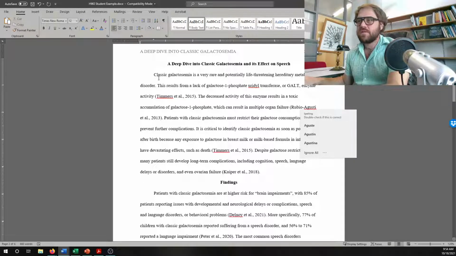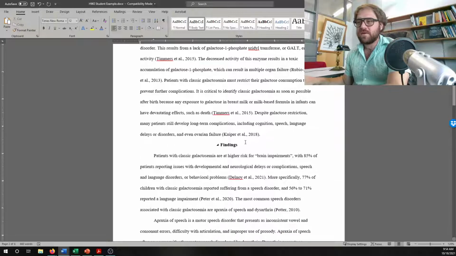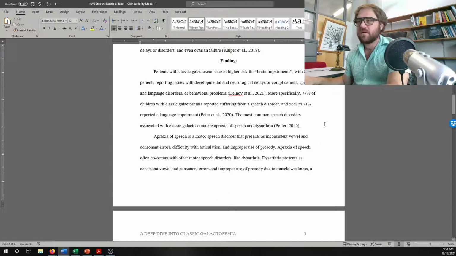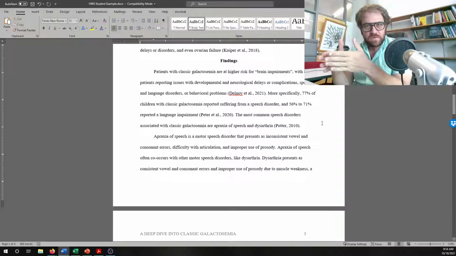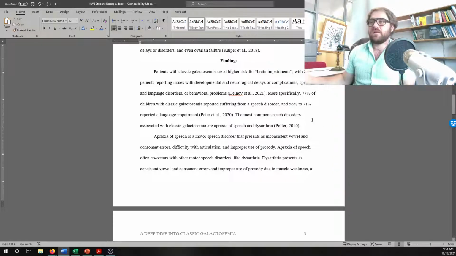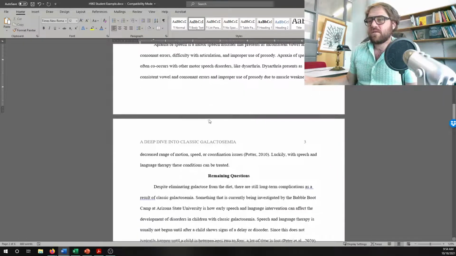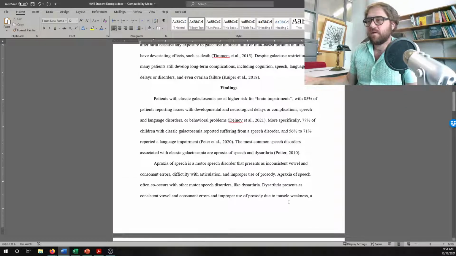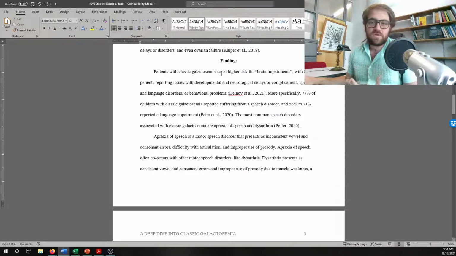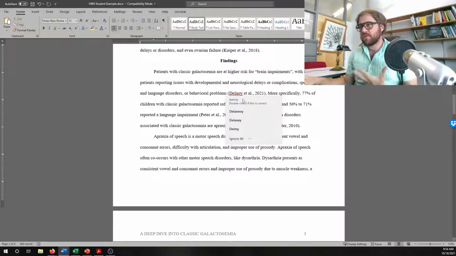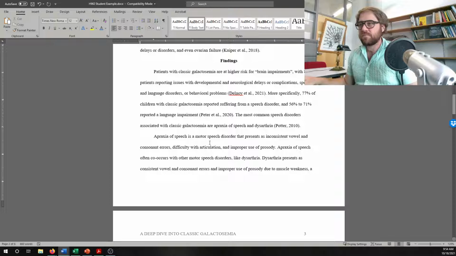Okay, so this is what is galactosemia, and now she's going to talk about the more targeted direction that she's taken her findings. So she's going to write just a few paragraphs. She's got 2 paragraphs about what she learned in these articles that she found. Here's another citation for Delnoy, another one for Pater, which is actually a researcher here at ASU, and another one for Potter.